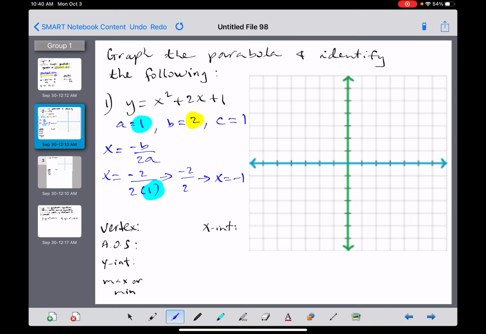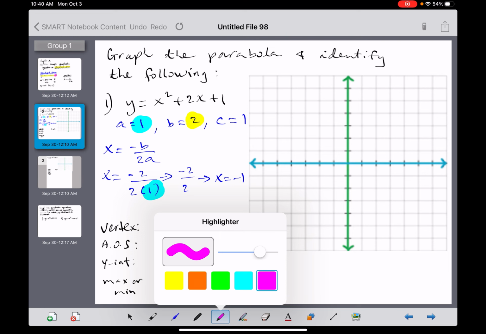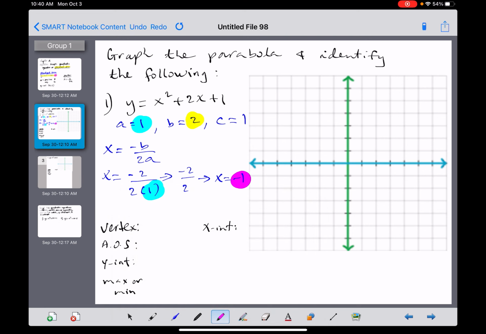So that's x. In order to find the complete vertex, we need to find the y part. All you have to do is take this answer and plug it in where the x is. So y equals negative 1 squared plus 2 times negative 1 plus 1.